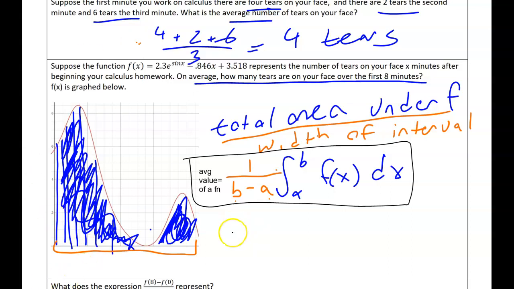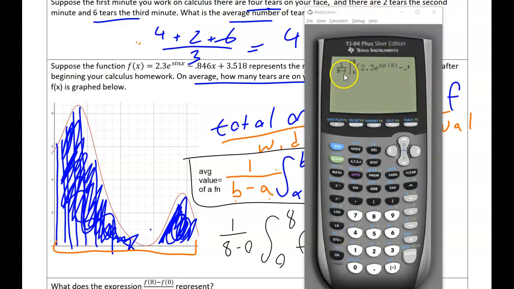So in this particular case, it would be 1 over 8 minus 0 times the integral from 0 to 8 of f of x dx. And then at this point in the game, I would use a calculator to evaluate that. So I typed in my whole function. I used the fraction bar to get the 1 over 8 minus 0, integral from 0 to 8, and then f of x is exactly how it appears, dx.